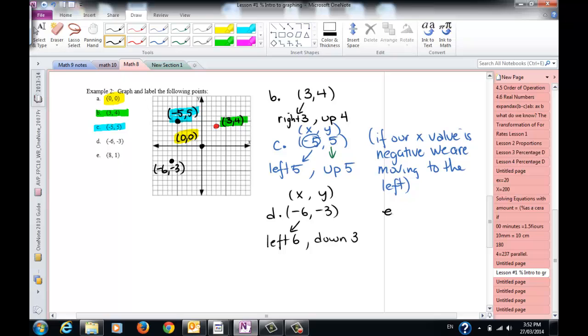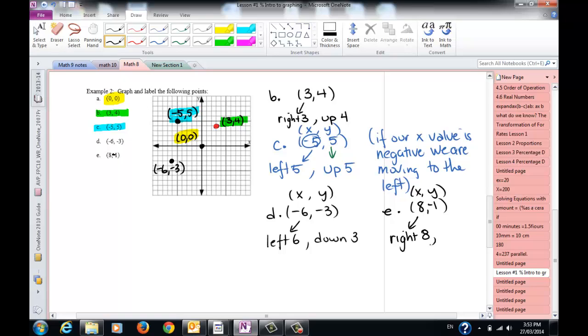Alright, E. 8, 1. Let's change this one. Let's do 8, negative 1, just to change it up a bit. So it's always x and then y. X is our horizontal, so it says move 8 units and it's positive. So it's either left or right, and right is the positive. So I'm going to go right 8 units. And then my y values are vertical, so I'm either going up or down.